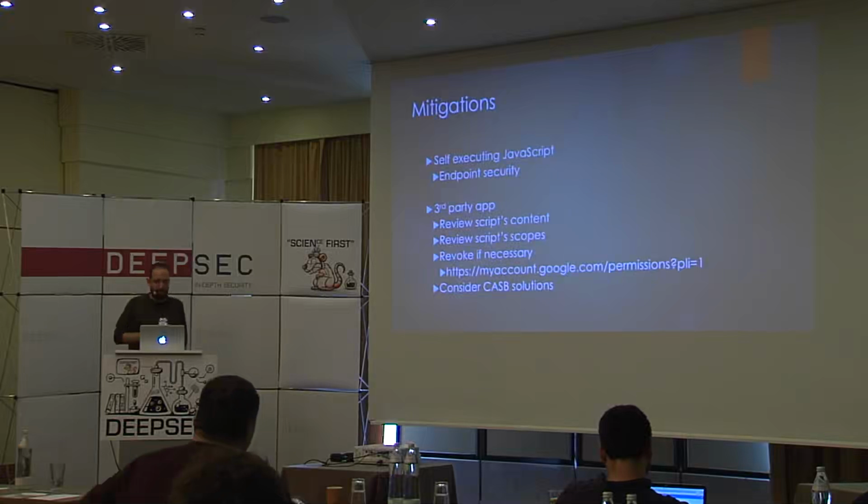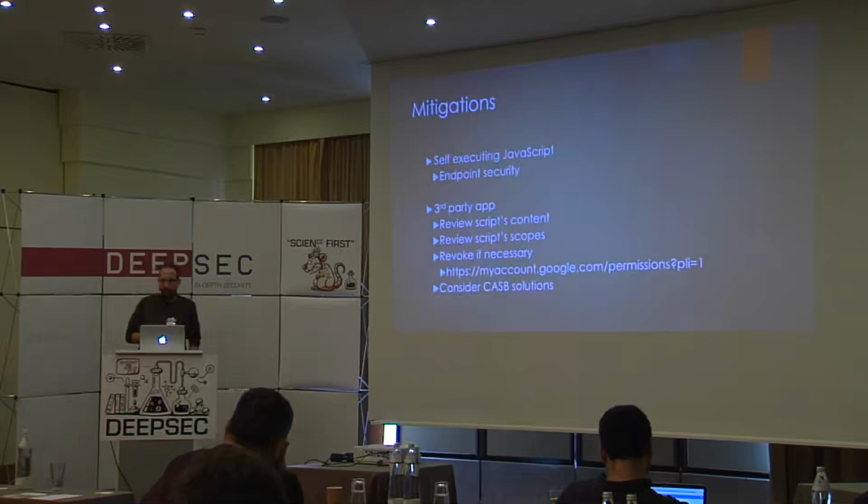And if we're talking about third-party applications, what we can do before we press and install the app in our account is review the script content, if someone shares it with me, or perhaps via the API, or just double-click on it if it's a standalone script, so you can see how it works.